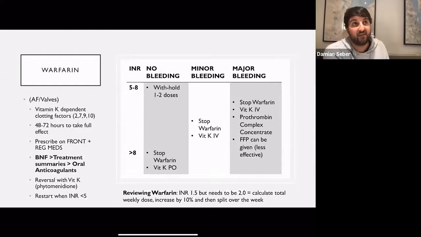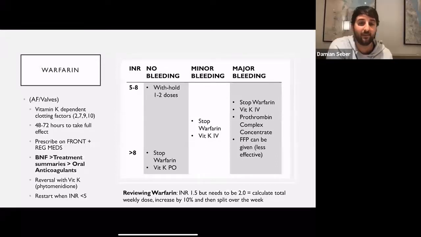So if it adds up to 30, increase it to 33, and then split that back over the week. So you just go backwards. You might have 3 milligrams on Monday, 4 Tuesday, Wednesday, Thursday, Friday, 3 on the Saturday, 3, whatever it takes to add up to 33 essentially. That's how you review the warfarin. Is that okay? Great, perfect.